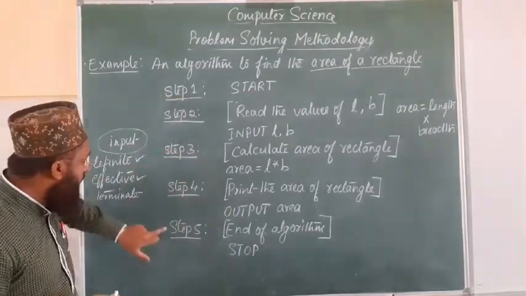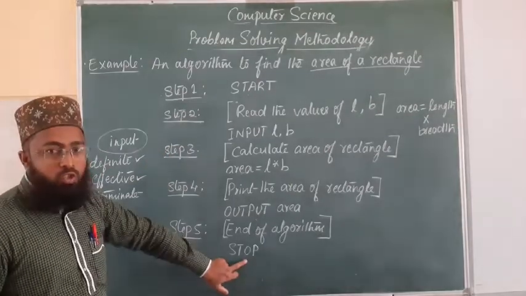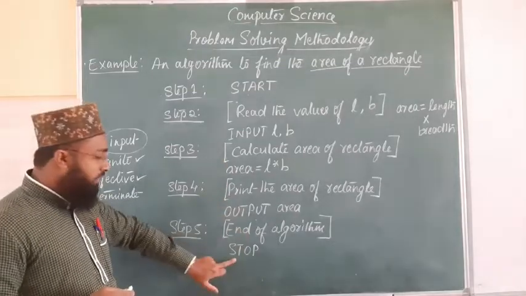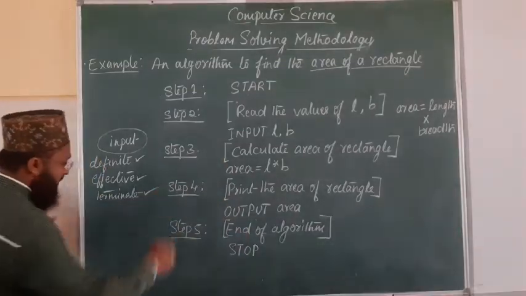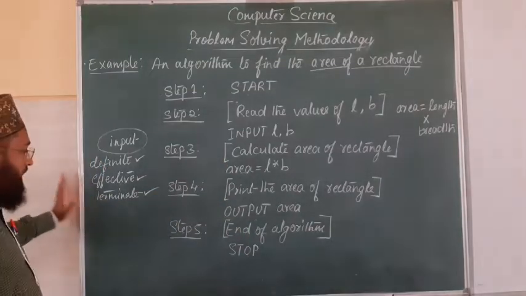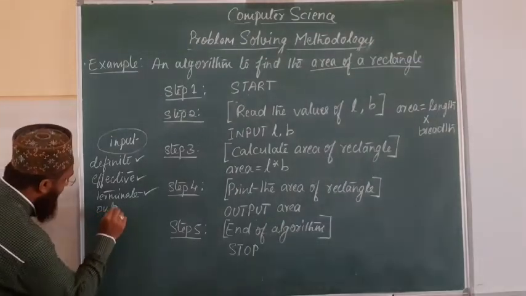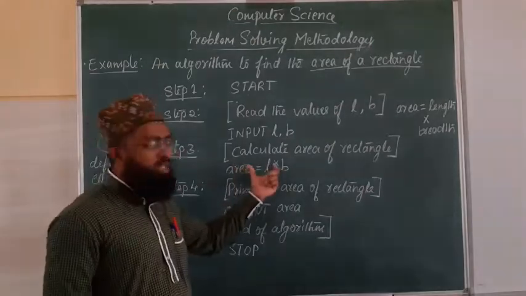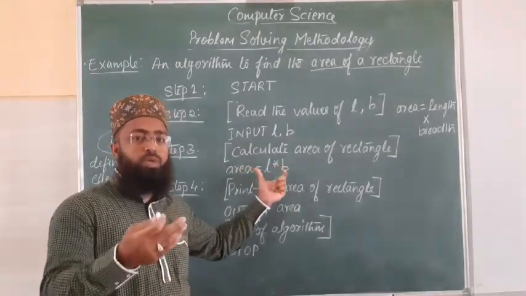Here, it has stopped after only 5 steps. That means the algorithm has come to an end in only 5 steps, so terminate is also okay. Then the last thing is output. Output means after processing, a result should be generated.